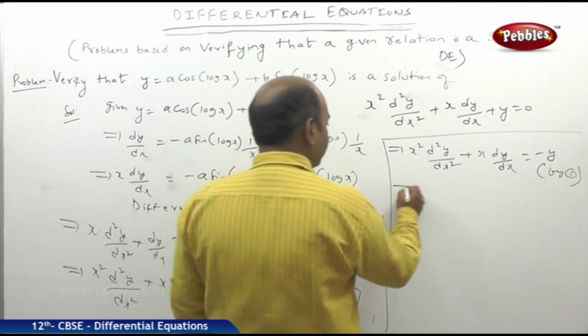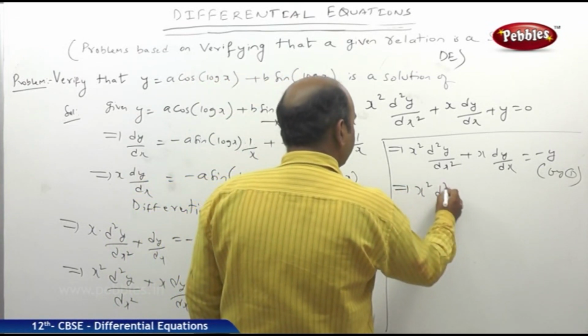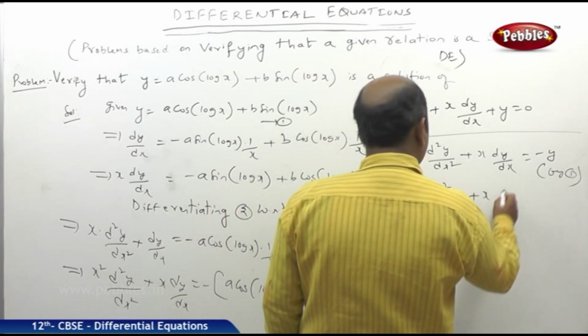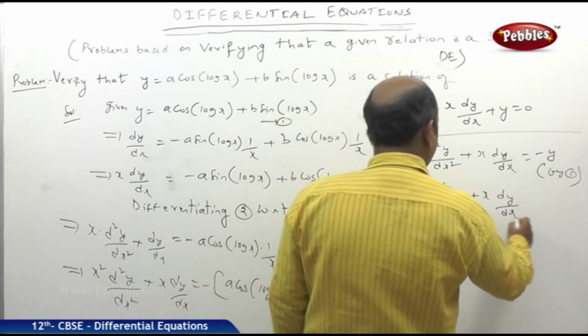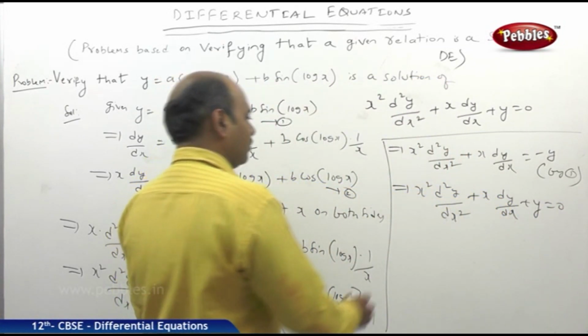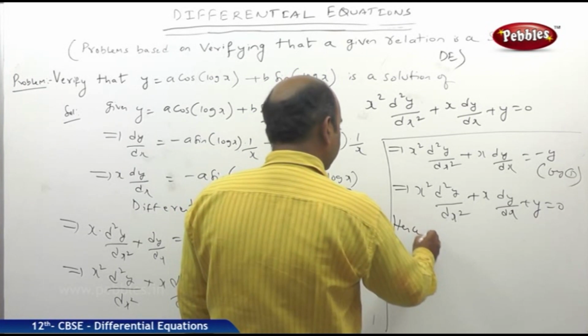So finally, x square d square y by dx square plus x into dy by dx plus y equal to 0. Hence, what conclusion can I give?